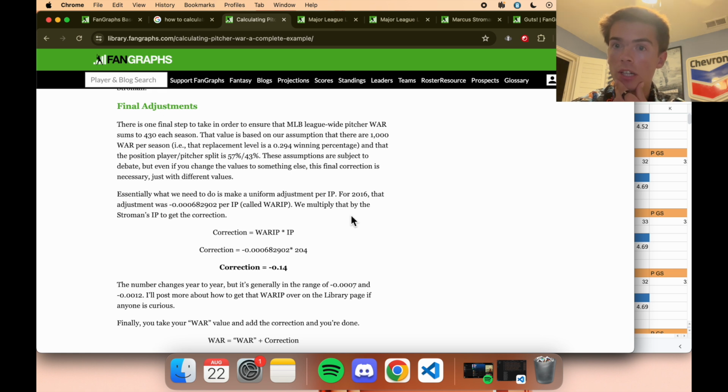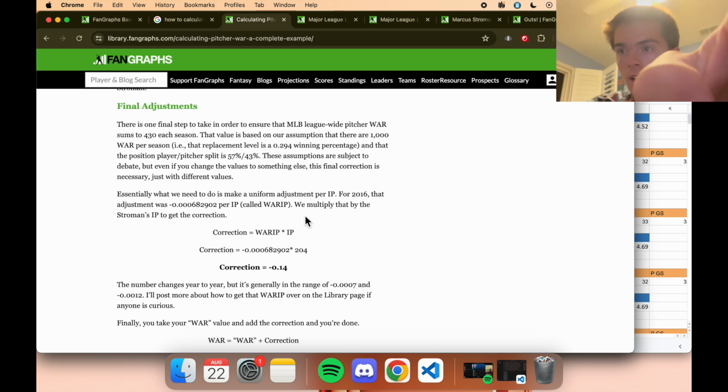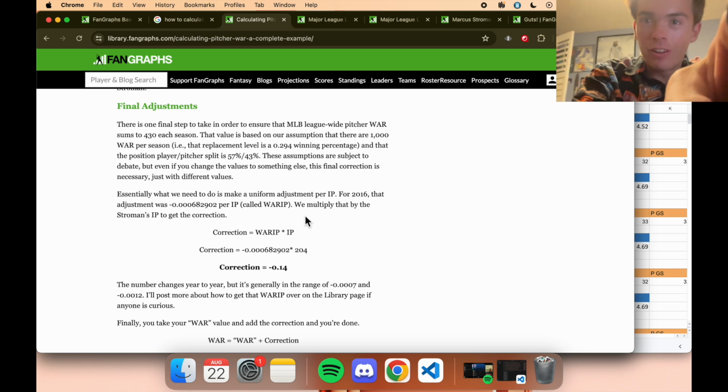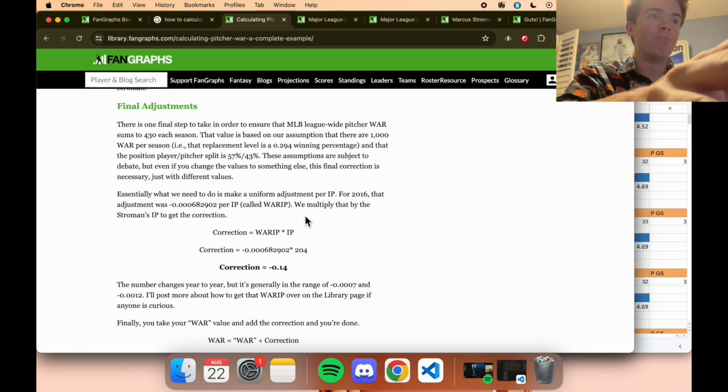So I spent a lot of time fooling around trying to get more accurate readings. I'm moving my camera so I can look at my computer a little bit better.